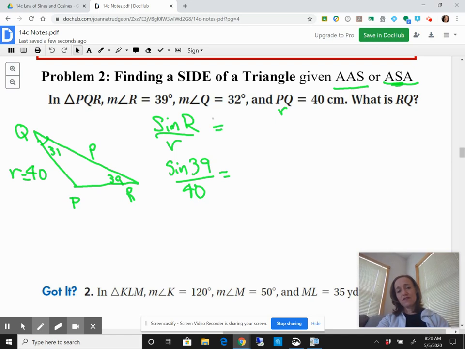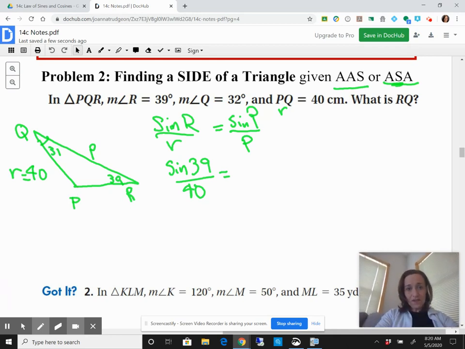But now I need another set, and the side I want is little p. This is what I want, little p. So I need sine P right here. And do I know angle P? Well, no, I do not know angle P, but I can find it because the angles of the triangle add up to 180.